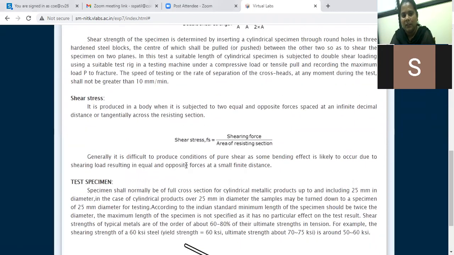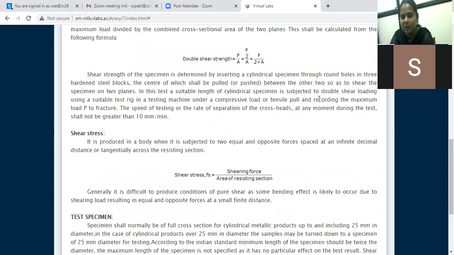Okay, so now we will see what is meant by shear stress. We have already discussed it in the introduction to solid mechanics. Anyone please, what is meant by shear stress? Anyone please define? At least try to define.